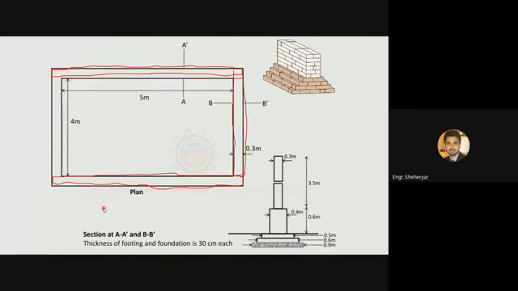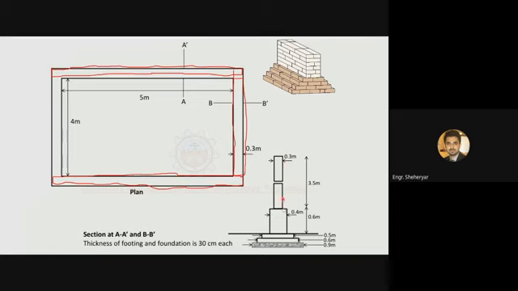Initially, the dimensions given to you are inner dimensions. Most commonly, the dimensions given are interior dimensions. Like in this case, the dimensions are given as 5 meter cross 4 meters. Okay? Horizontal dimension is 5 meter and vertical dimension is 4 meter.